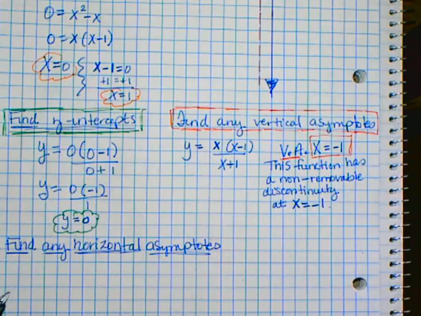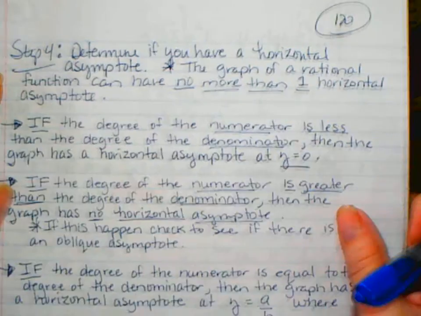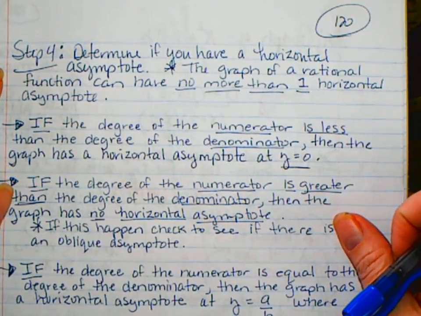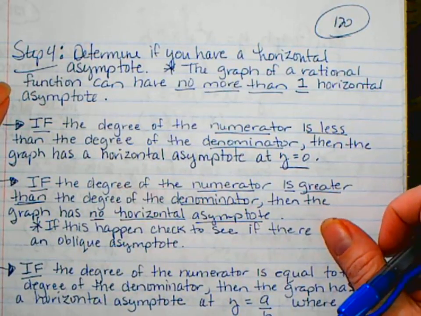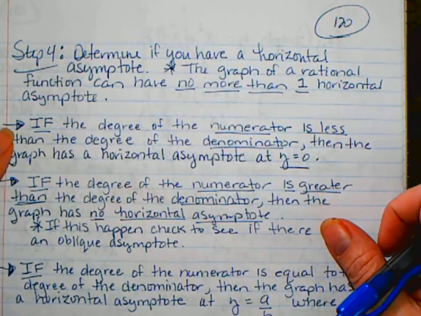So if we look back on page 120, determine if you have a horizontal asymptote. The graph of a rational function can have no more than one horizontal asymptote. If the degree of the numerator is less than the denominator, is that our case?